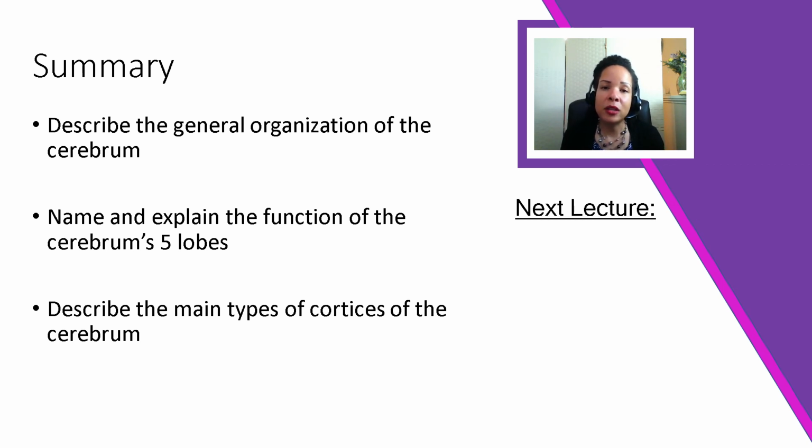We also said that there were 3 main types of cortices in the brain. We called them the primary motor cortex, which is responsible for voluntary movement. We talked about the primary somatosensory cortex, which is responsible for us being able to detect changes in our environment.